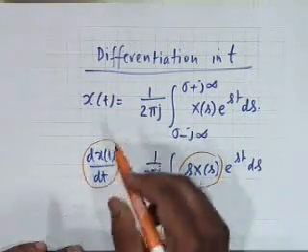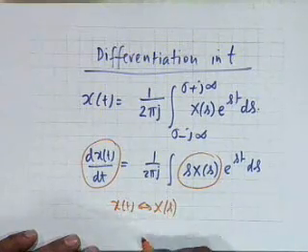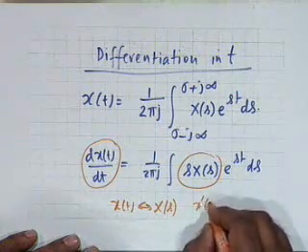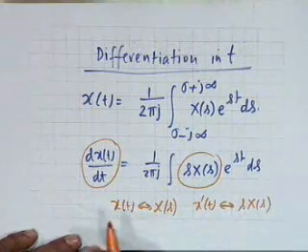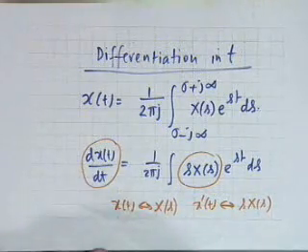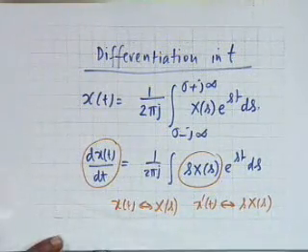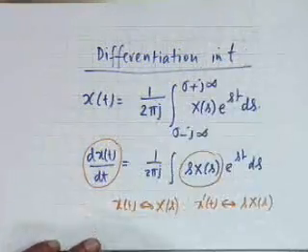So our proof is: if x(t) is the pair of X(s), then x prime(t) is the pair of s times X(s). In general, mind you, we are considering a general signal. The limits of integration are from minus infinity to plus infinity.